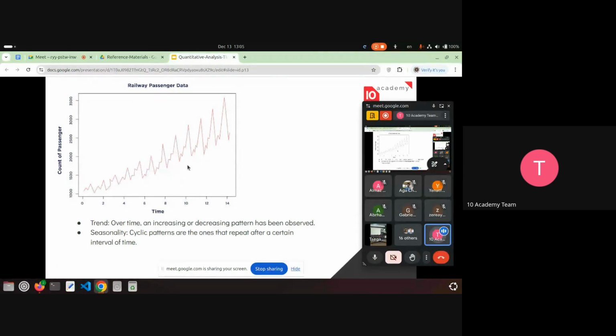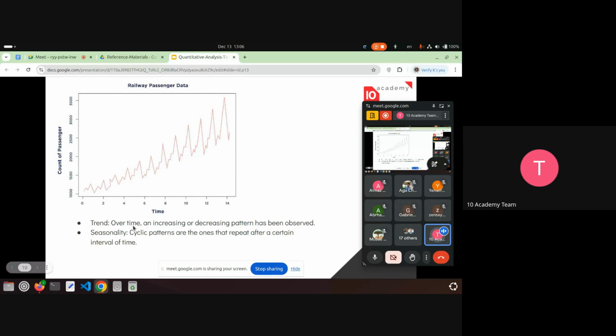You can see that starting from early morning, the number of passengers increases until the middle of the day. But there are also fluctuations, right? Maybe every hour or so, you can see the number increases and decreases here. So these are two types of pattern, basically.